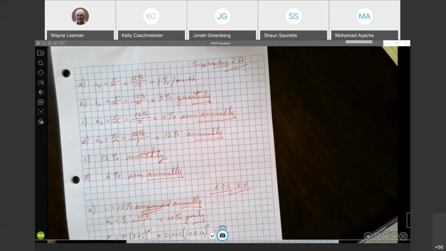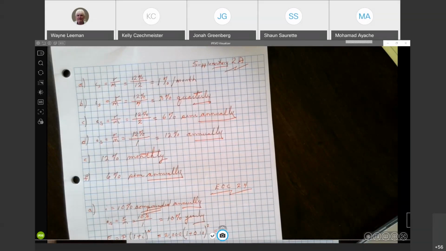And the more frequently in the year it is compounded, be it a month, a week, a day, or a year, or half a year, the more you do that, the more it will be added to the previous amount. So it will accumulate a little quicker.